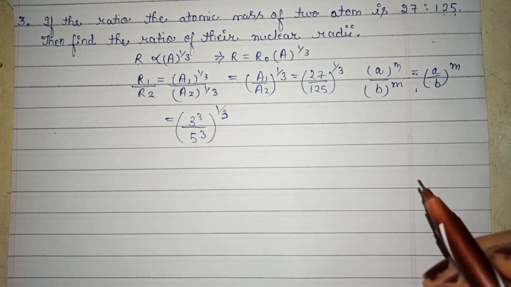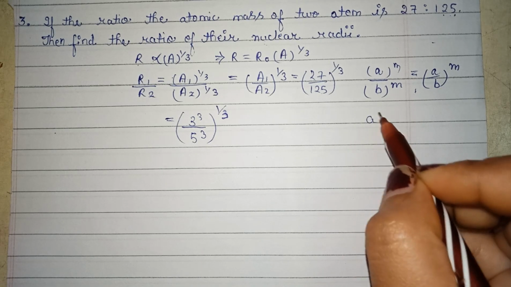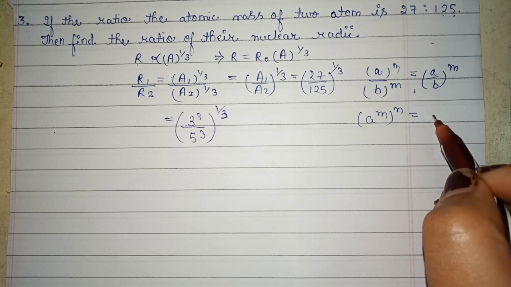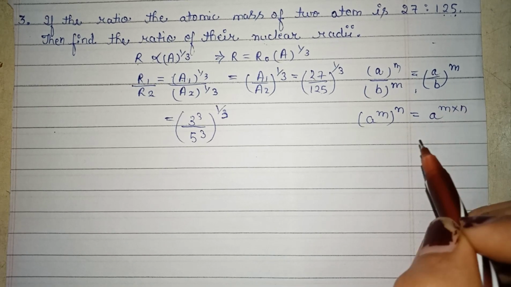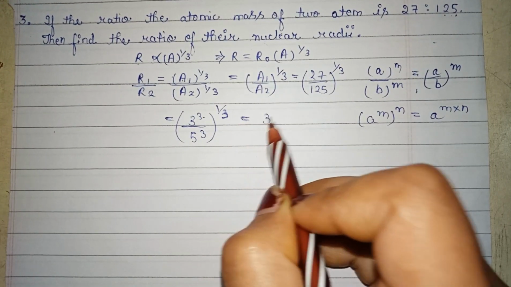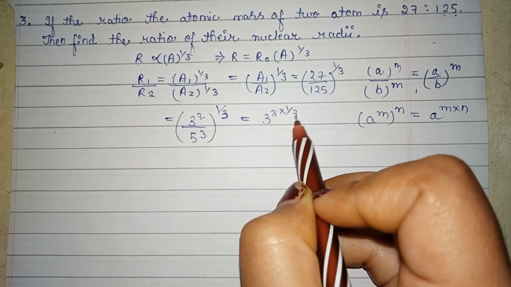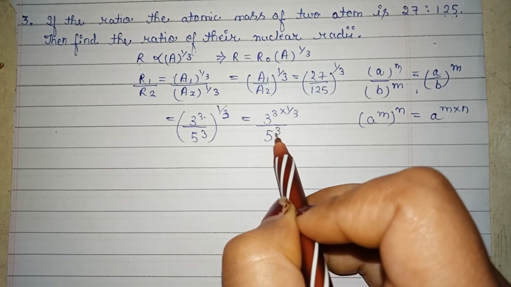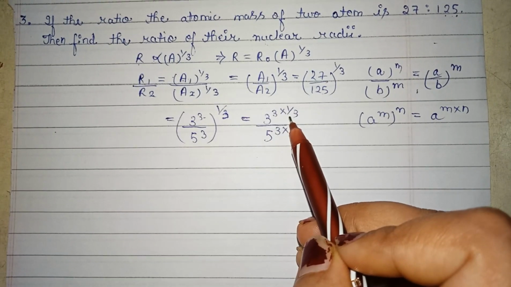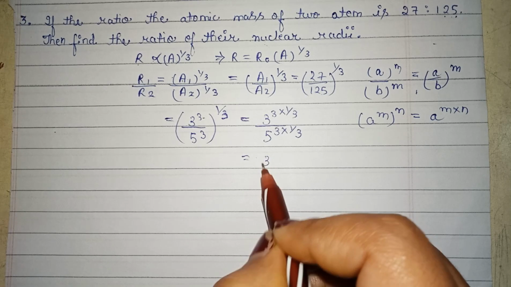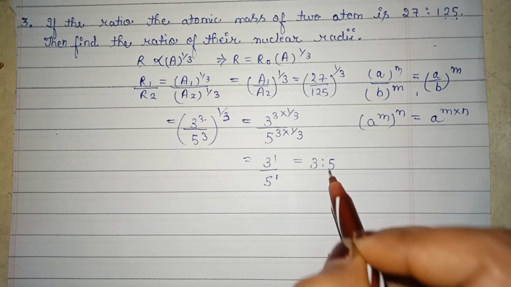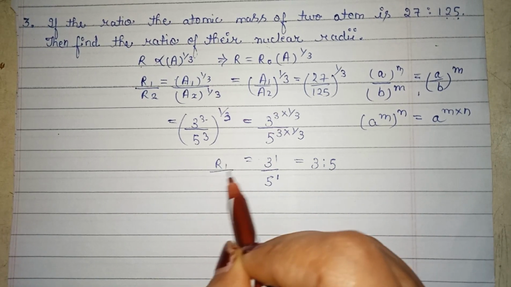Now, in mathematics, we have a rule: if a raised to the power m, whole raised to the power n is given, then the powers are multiplied. Similarly here, these powers will be multiplied. So we can write it as 3 raised to the power 3 into 1 by 3 upon 5 raised to the power 3 into 1 by 3. Now this 3 and 3 will cancel out and we will be left with 3 raised to the power 1 upon 5 raised to the power 1, that is 3 ratio 5 is the answer. So it is the ratio of their radii.